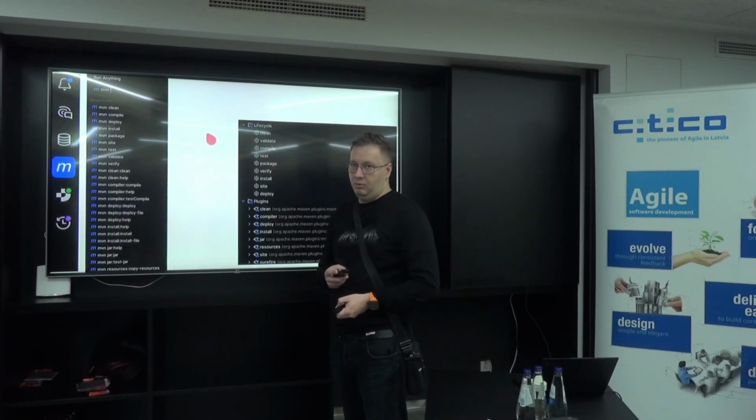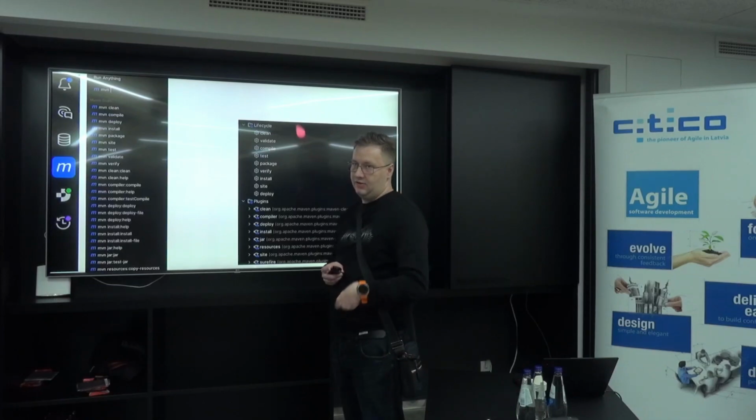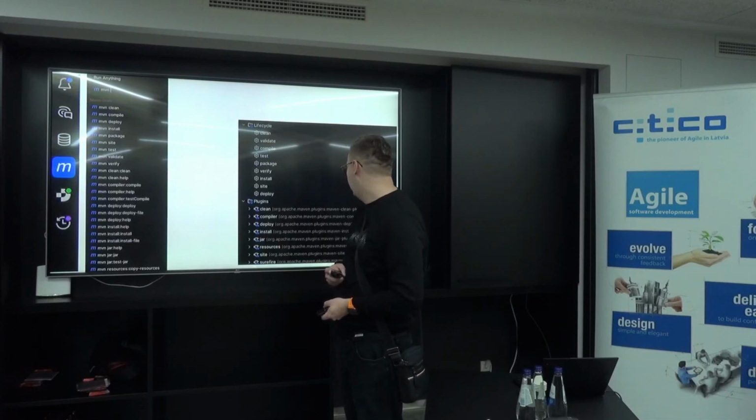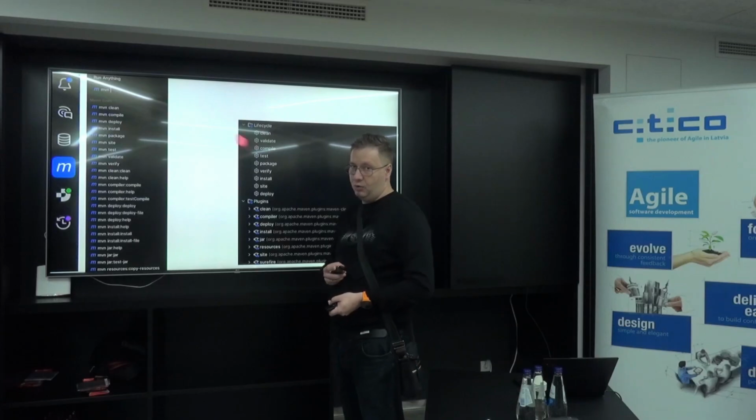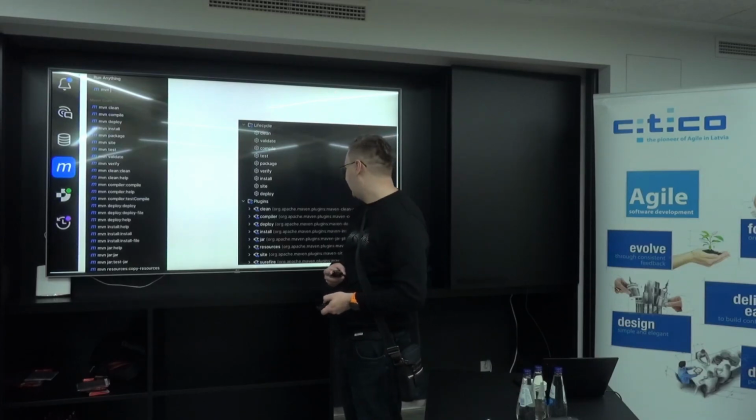For example, if you have an installed version of some package, for example, here we have 3.2. Then you are switching to another project that has, for example, Apache Maven plugin 3.1, then you will see that, for example, the problem is that this package is downgraded.